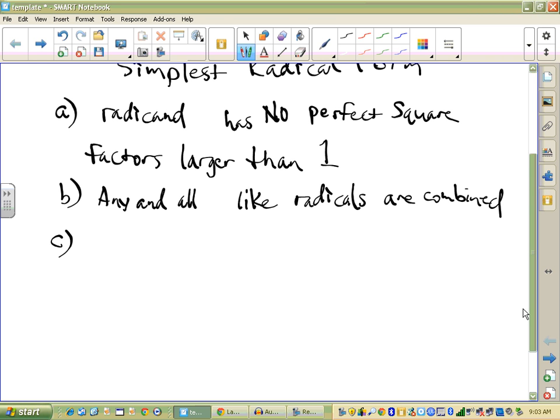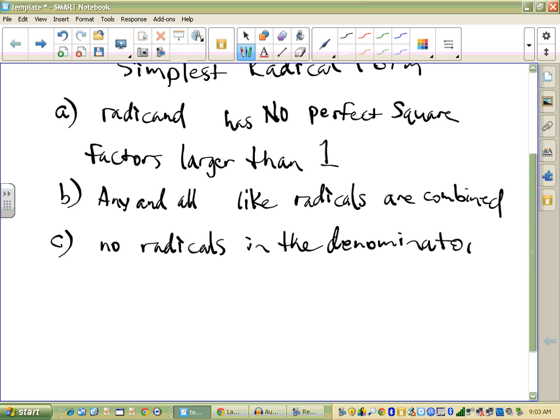The third and final condition here is that there are no radicals in the denominator. In pre-calculus and in trigonometry, you study the unit circle. Sometimes in algebra 2 you also do. And you have to take the square root of 1 over the square root of 2, and you find that it's 1 over the square root of 2, and that's bad.